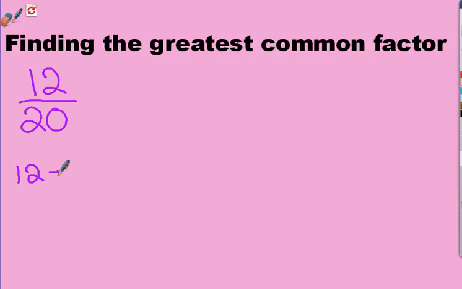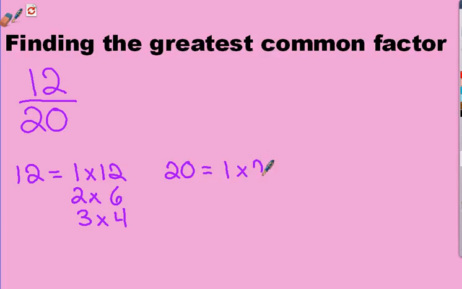My factors for 12 would be 1 times 12, 2 times 6, 3 times 4. And that is it. Okay. Now, my factors for 20 would be 1 times 20, 2 times 10. 3 is not a factor. 4 is a factor. 4 times 5.